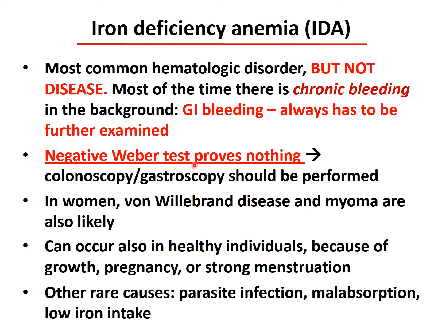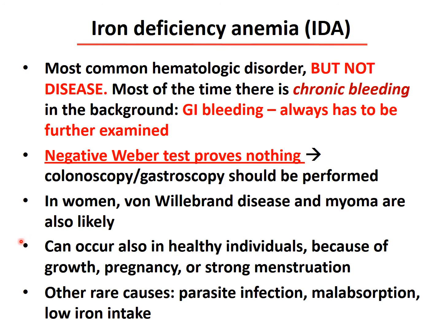If you do the hemocult or Weber test of the patient's stool and identify nothing, so you cannot show the presence of hemoglobin in the stool, it does not mean that the patient doesn't bleed or does not have occult bleeding. So you have to perform colonoscopy and gastroscopy immediately to exclude any kind of GI problem. In women, von Willebrand disease or myoma should be excluded as well.